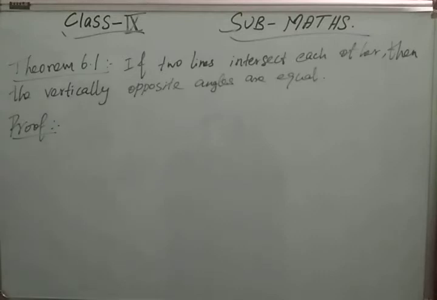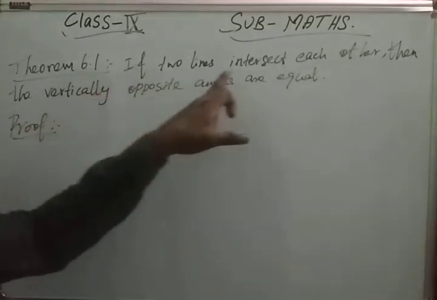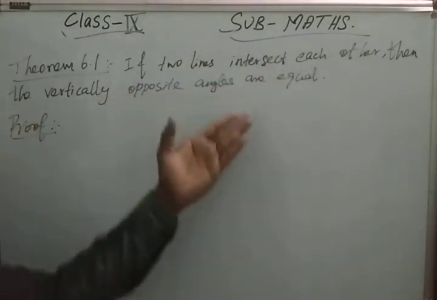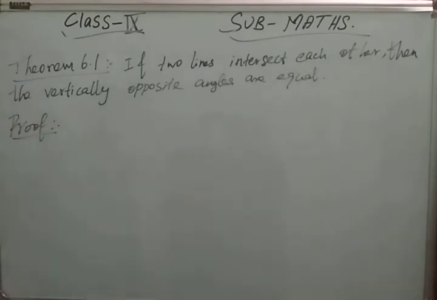In the previous year we saw the Pythagoras theorem, right? Like that, this year we have some theorems. If two lines intersect each other, then the vertically opposite angles are equal. Already you know this, but we have to prove it properly. For that purpose, this is Theorem 6.1.